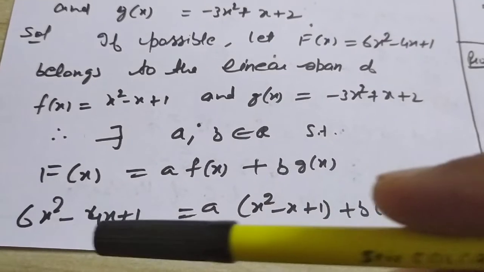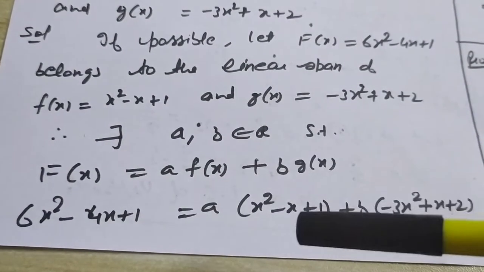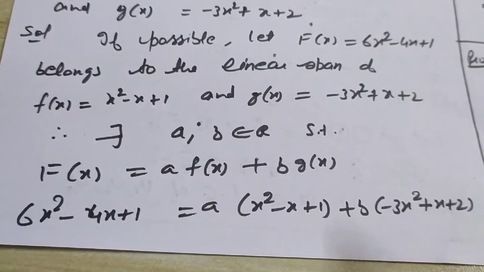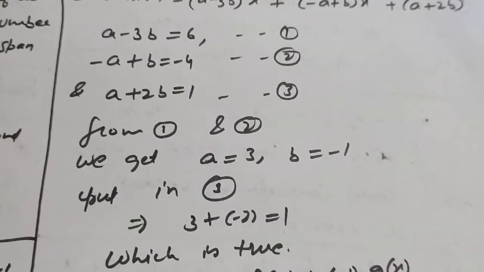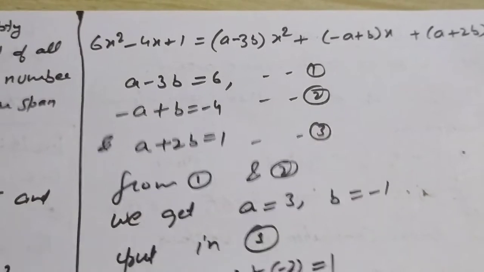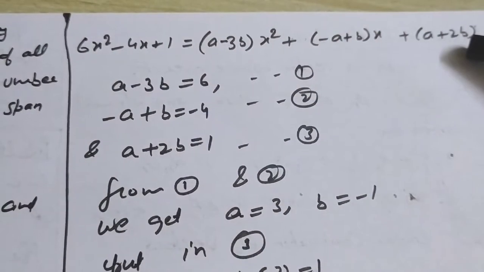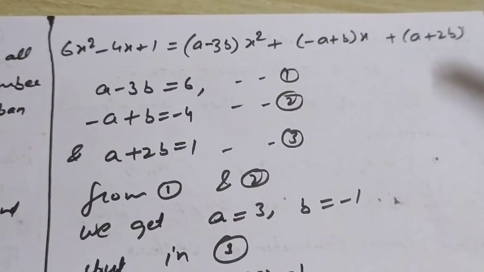Capital F(x) is 6x square minus 4x plus 1, small f(x) is x square minus x plus 1, and g(x) is equal to minus 3x square plus x plus 2. You make a little simplification, and after that you will get this equation. And here you can compare the coefficients.